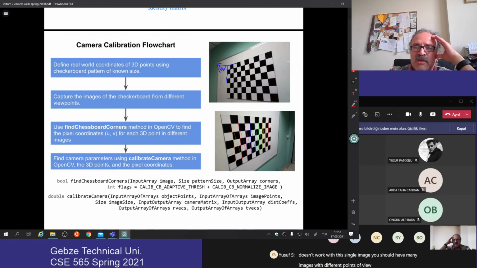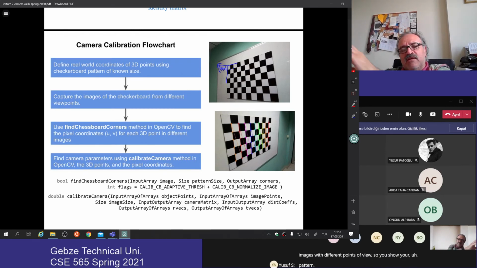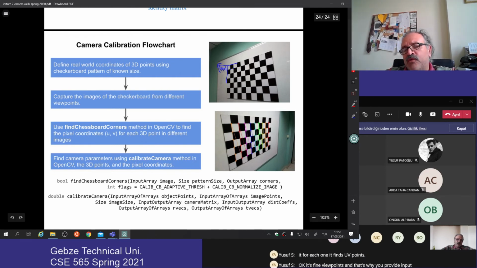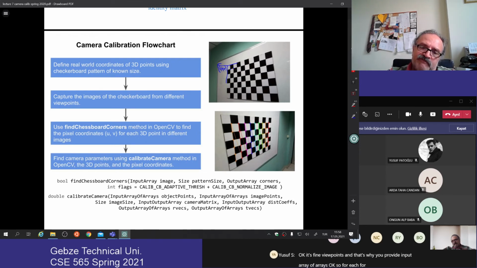So you show your pattern at different angles, at different positions on your screen, and for each one it finds UV points. That's why you provide an input array of arrays. For each image you have an array of points, but you have many images, so you have an array of arrays.